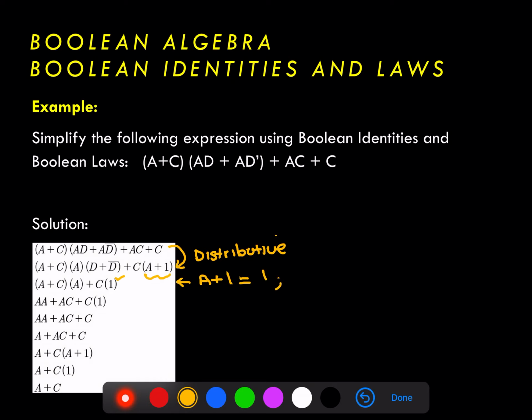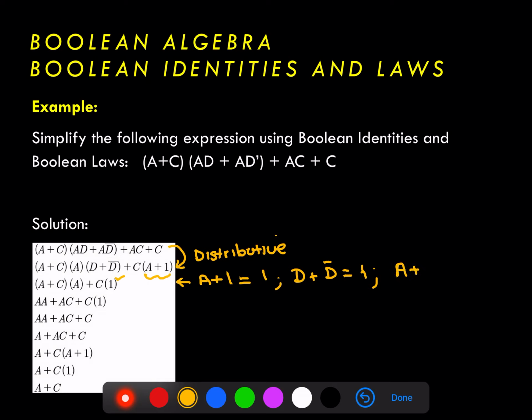And we apply the other property that any variable ORed with its complement will also produce a 1. And we've also applied in this line of the truth table that any variable now ANDed with 1 is that variable.